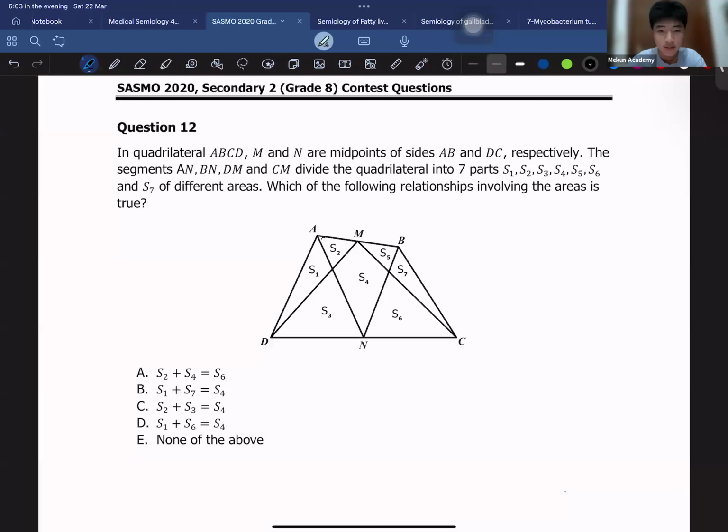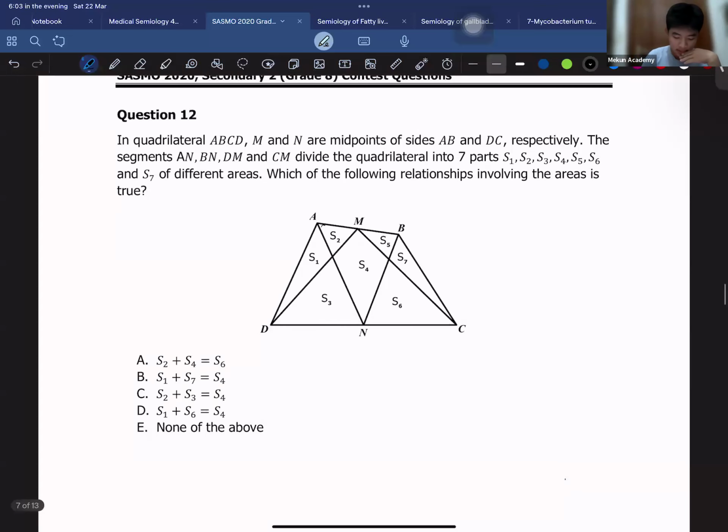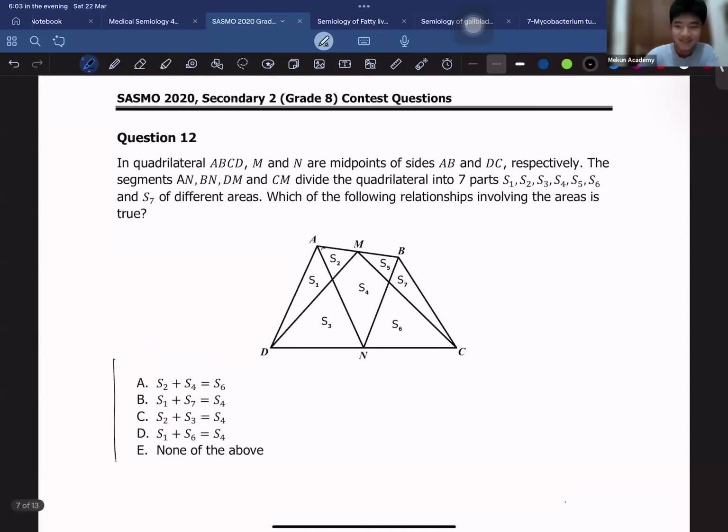Oh yeah, thank you. So we need to find the answer in the choices, which one is correct. I'll give you 1 minute to solve this exercise.